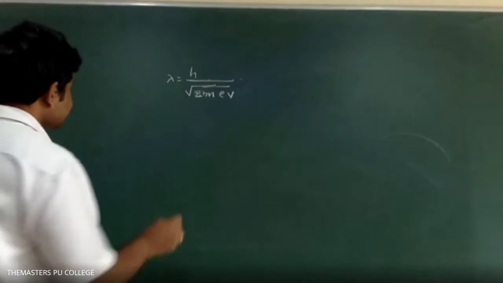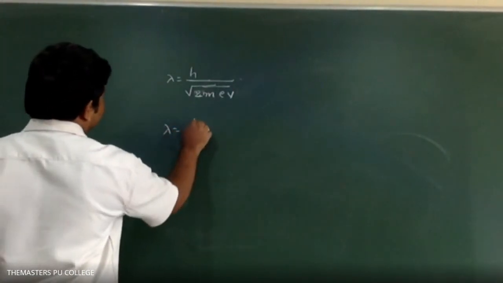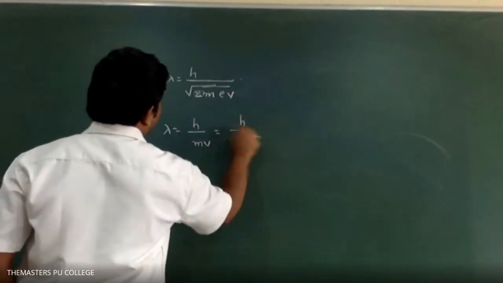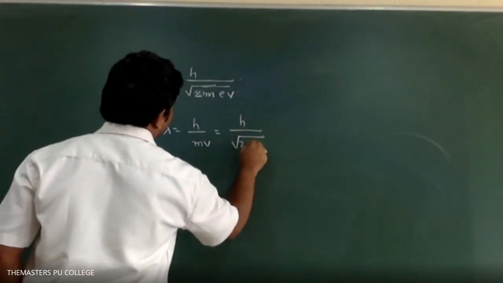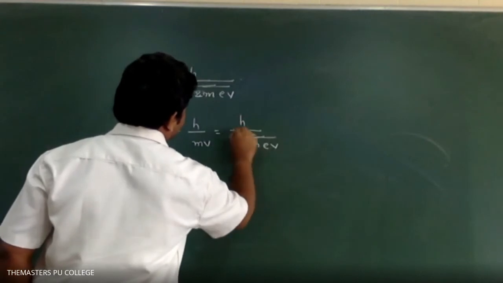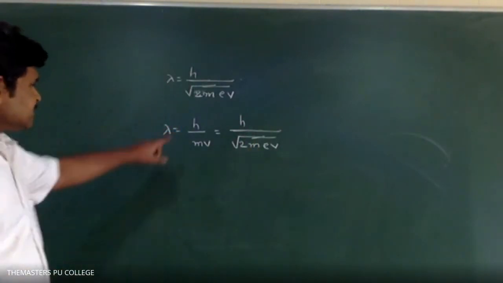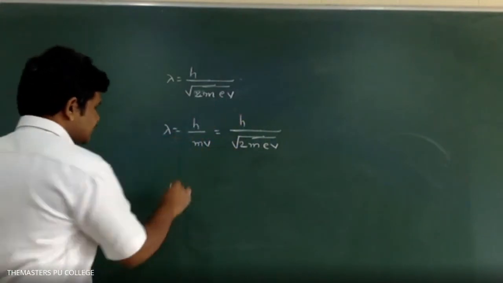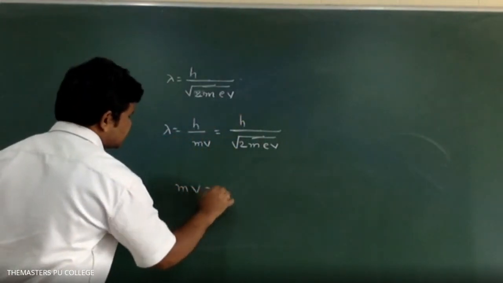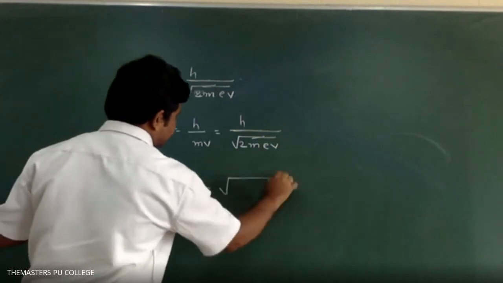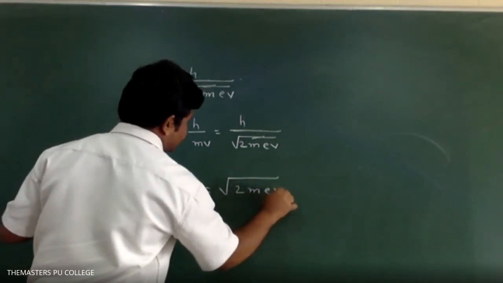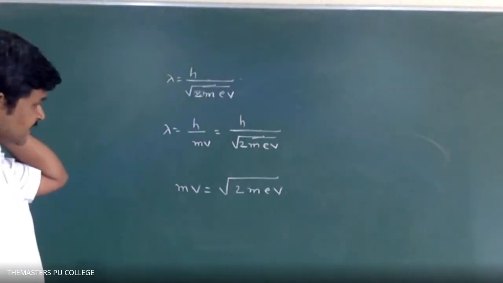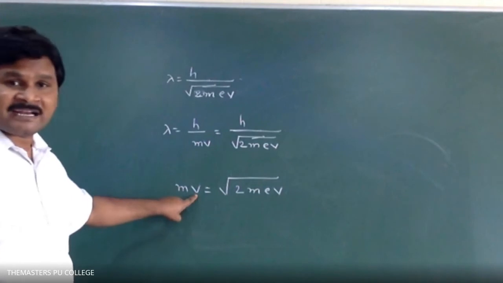So we know lambda is equal to h by mv. That is equal to h by root 2m eV. Right, sir? h by mv is equal to h by root 2m eV. So mv is equal to root 2m eV. Here we have to calculate velocity.